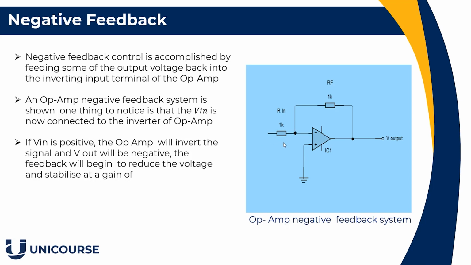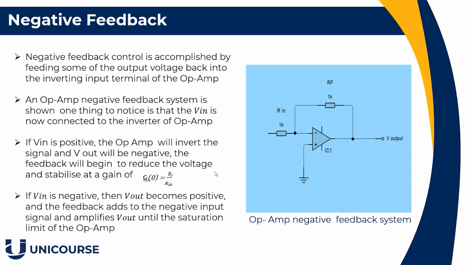Depending on what type of equipment we're running and how it's going to be fed, we can use either negative feedback or positive feedback. And here's just the formula, if we want to work out what the gain of that op amp circuit is.